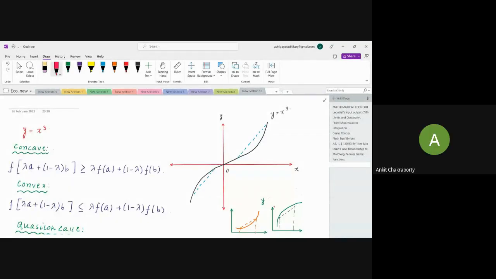Yes, if we take x greater than 0 and take two points, the straight line will be away from the curve. Away is the word that you're using, and I'm saying above. Essentially the same.